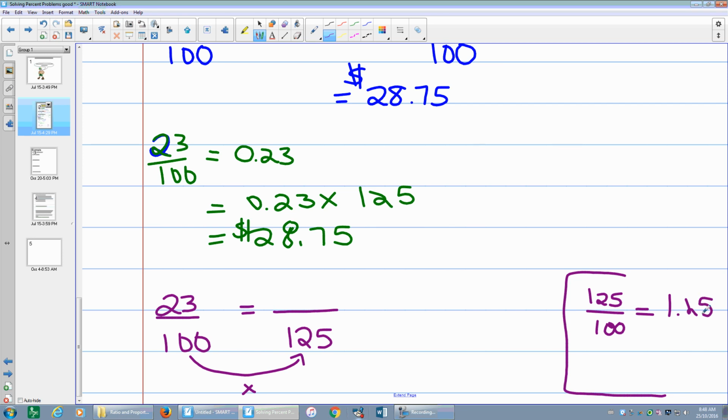So 100 times 1.25 gives me 125. So I'm going to now multiply that on the top, 1.25. So when I do 23 times 1.25, shouldn't be a surprise, what do we get? 28.75. 3 different ways to get the answer. All you have to do is show me one way.